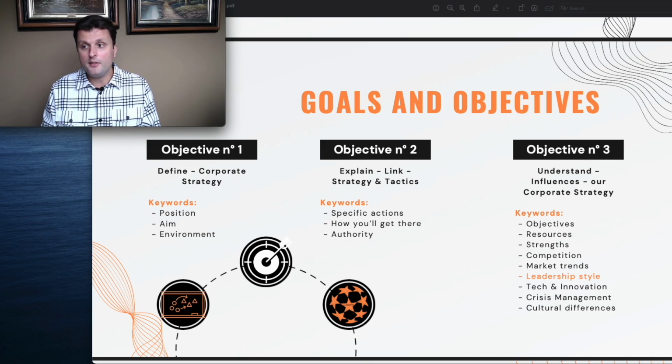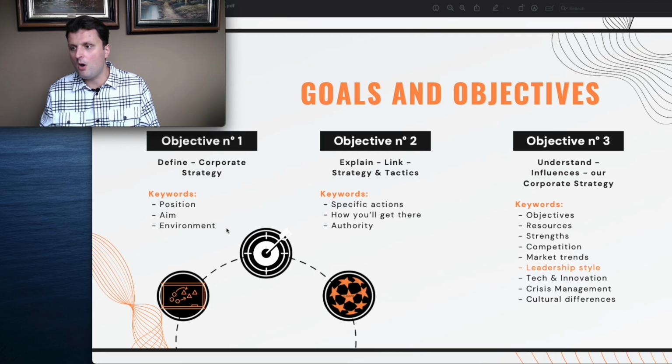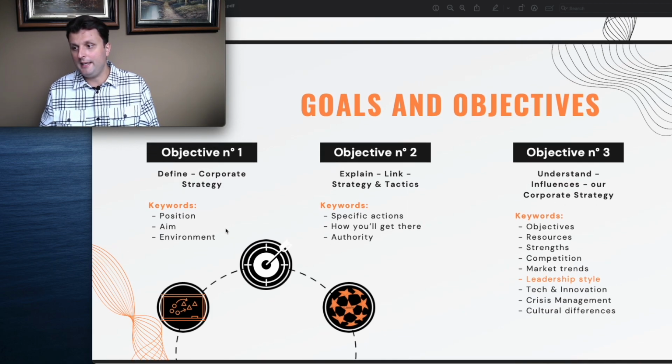Now, the third objective of this lesson today was for us to understand what actually influences our corporate strategy. And the keywords we have here are objectives, resources, strengths, competition, market trends, leadership style, tech and innovation, crisis management, and cultural differences.